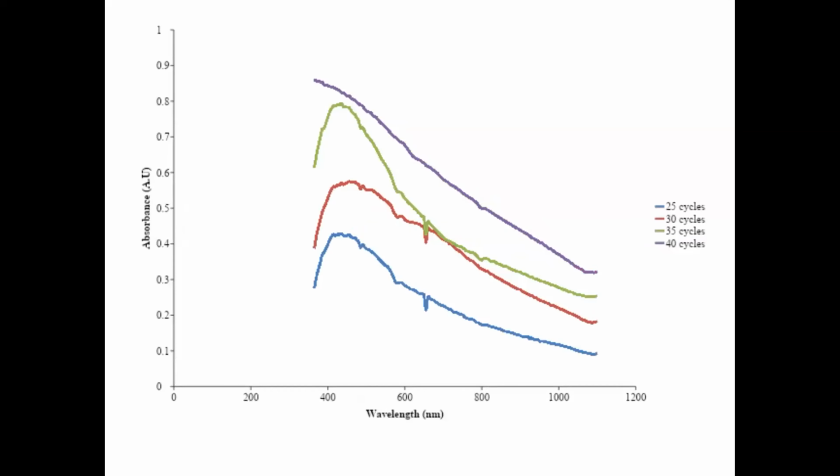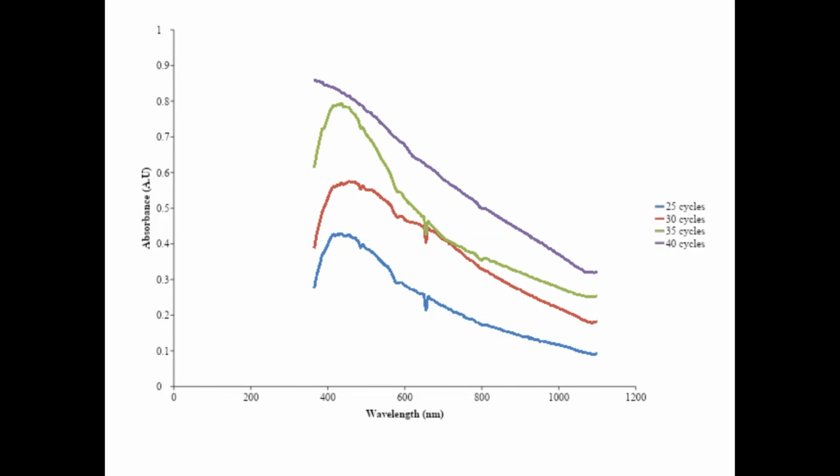The next slide. This is for ammonia as a complexing agent. We can see the absorbance was higher at 25 cycles. Comparing ammonia and sodium hydroxide as complexing agents, the absorbance is higher in ammonia for 25 cycles.